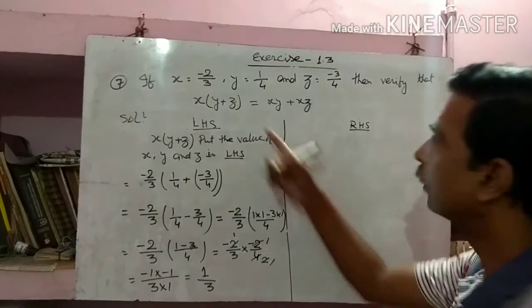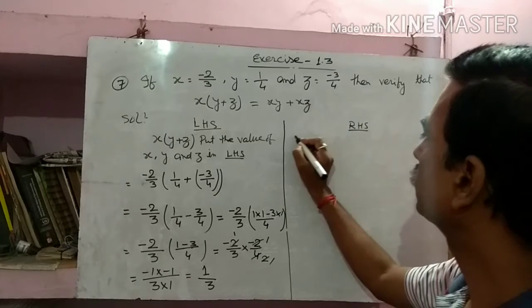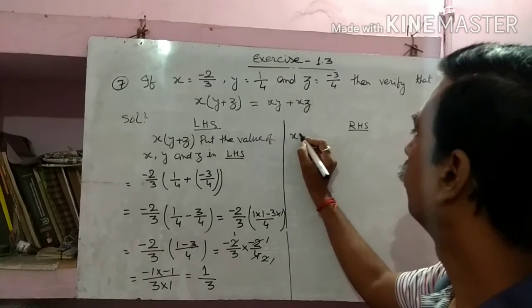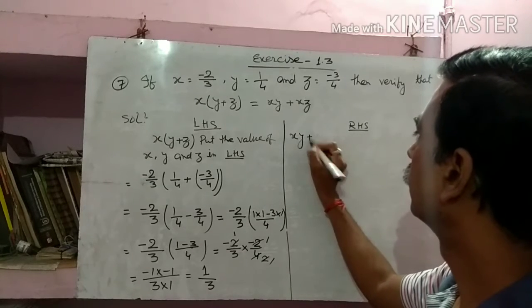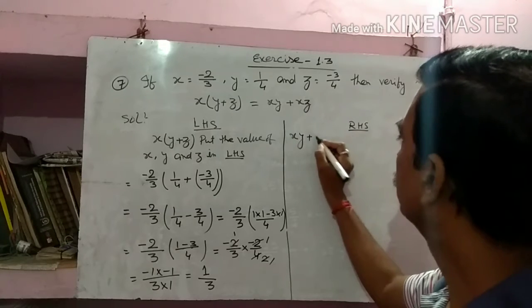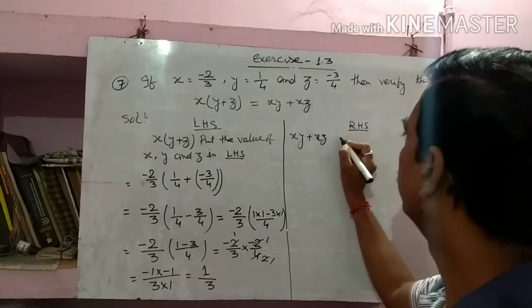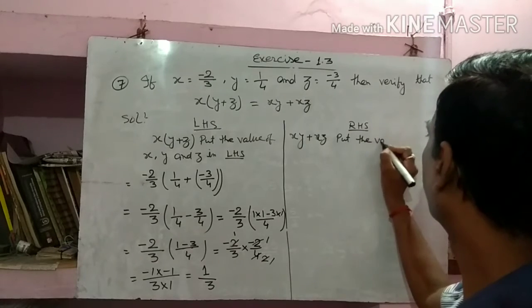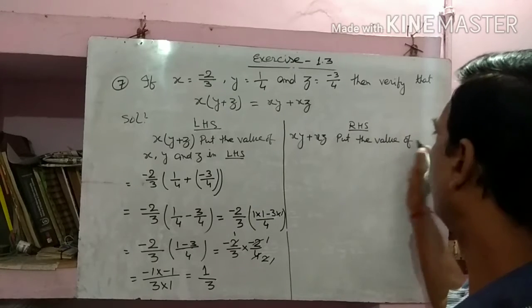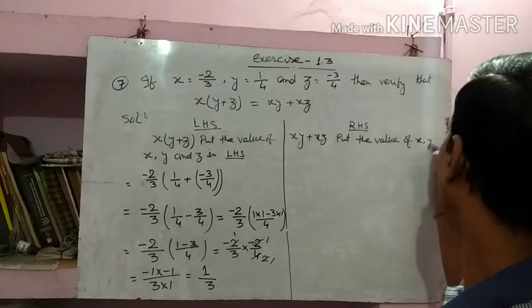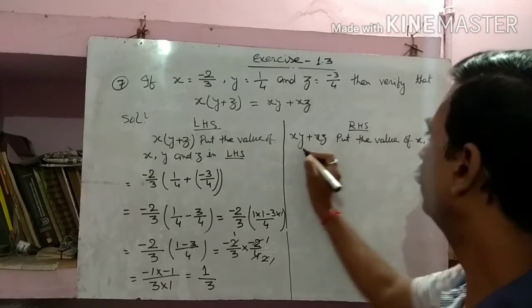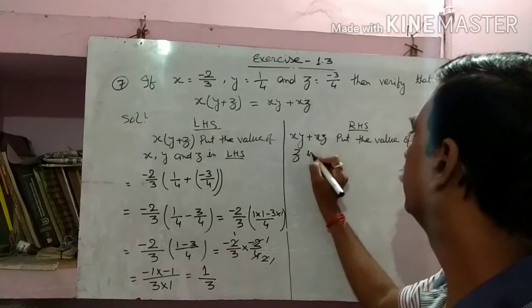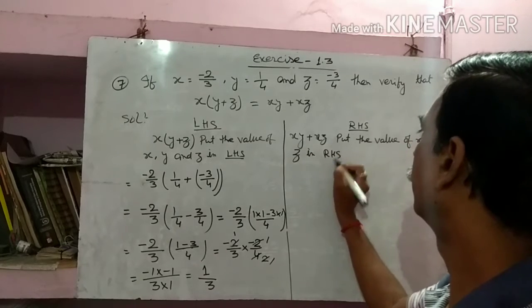Okay, now we are going to solve the value of RHS. I am writing the RHS, which is xy plus xz. Here also put the values of x, y and z in RHS.